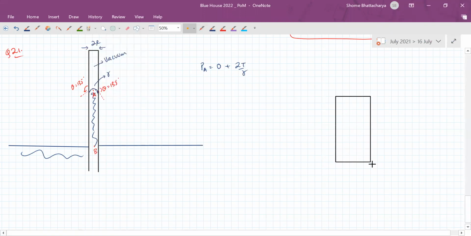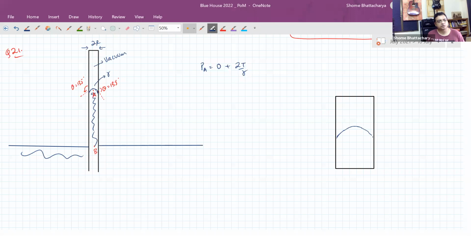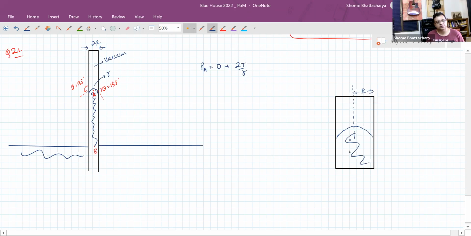Sir, we'll have to take the component, no? So it will become capital R upon cos 45. Yes. So logic of that I'm just showing you here, but it's pretty obvious, okay, that the same type of diagram. So this time the center of curvature is inside, no?